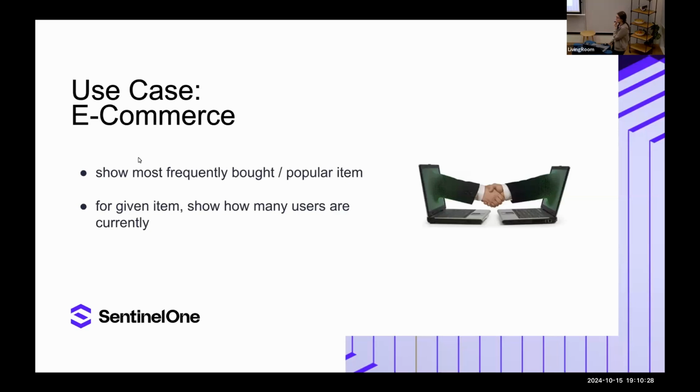The first one is to show the most popular or most frequently bought items on your website. Another one is that for a given item, if a user presses on it, they would be able to see how many users are currently viewing the item.